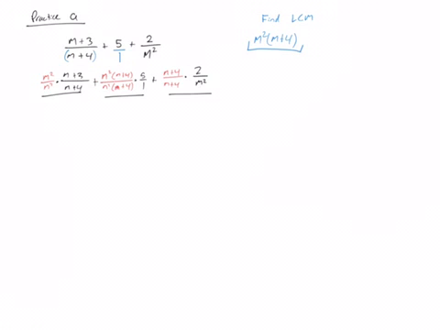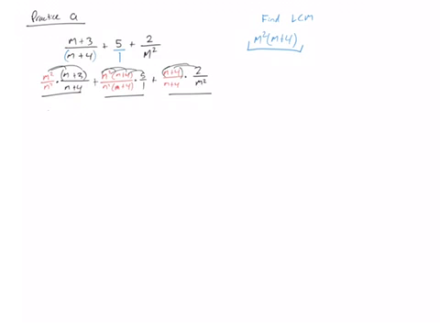Now, I'm going to go ahead and multiply in the numerators here. So it's going to be m times each of those, m times each of those, and then there's 2 times those.